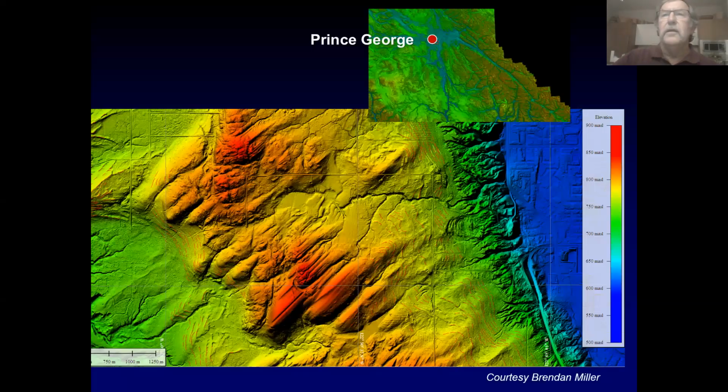So I would just like to show you a few LIDAR images. We're turning back to LIDAR, and this is near and dear to my heart because I mapped this area using aerial photographs back in the mid-'80s.